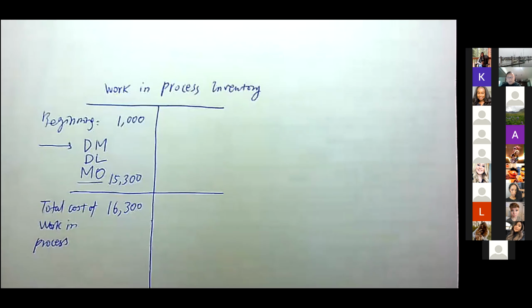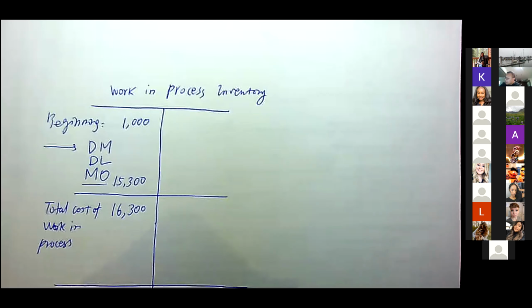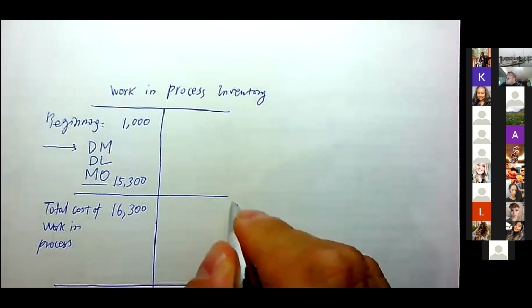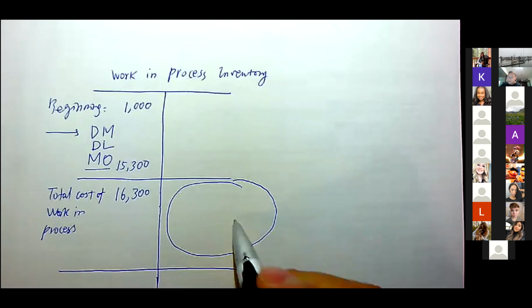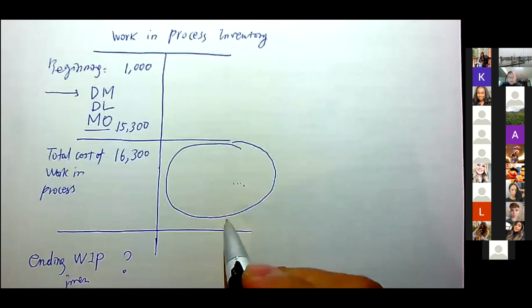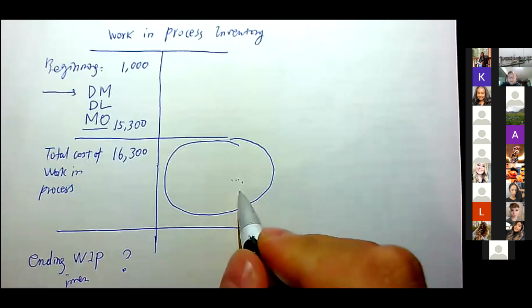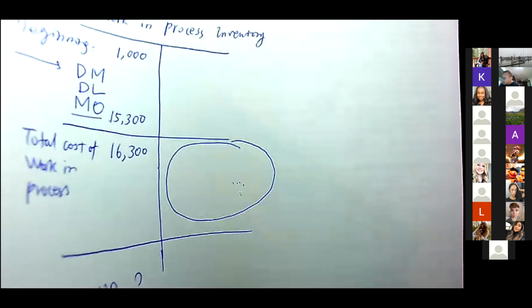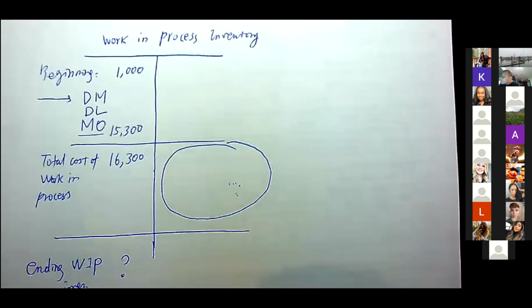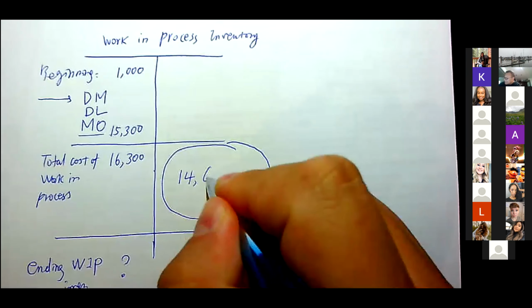Now I want to know my ending balance, the ending work in process inventory. So I have to know what this is, right? Does anyone know what this one is? I got 14,600. How did you calculate it? That was the cost of goods manufactured. Yes, very good.